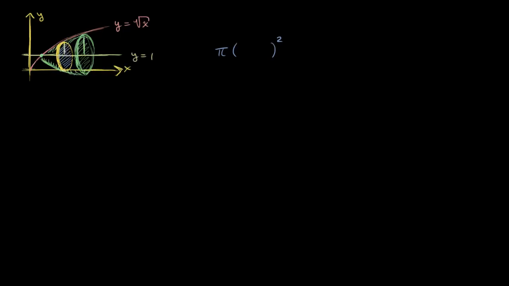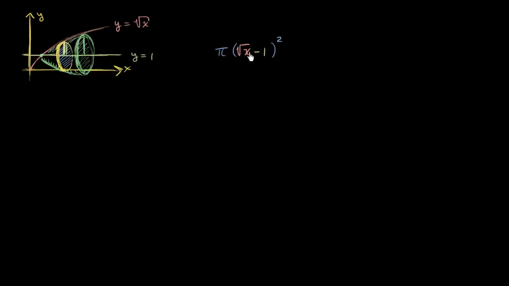This length right over here, square root of x minus 1 for any given x in our interval. Let me do that same orange color just to make it clear where I'm getting it from. It's essentially our function minus what we are rotating around. That gives us the radius.